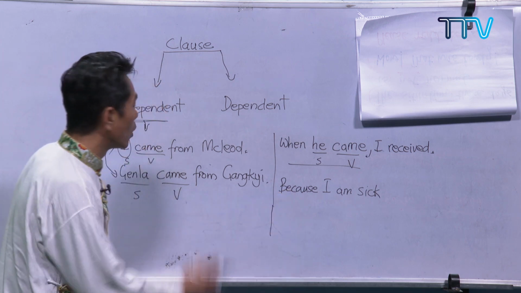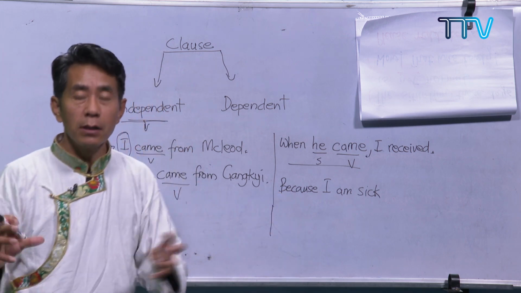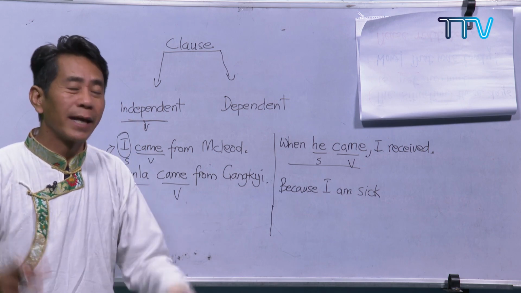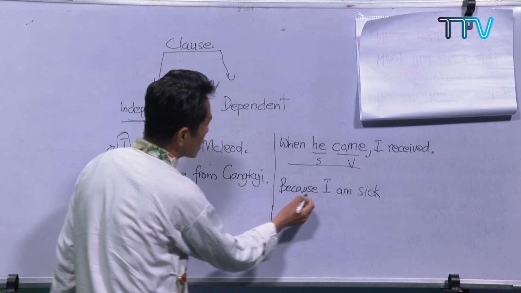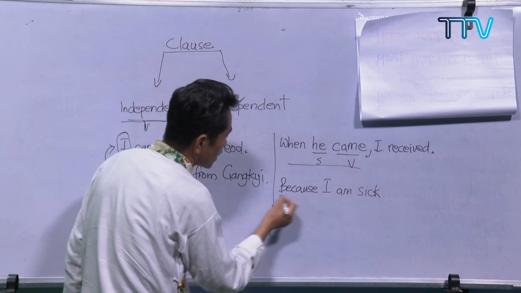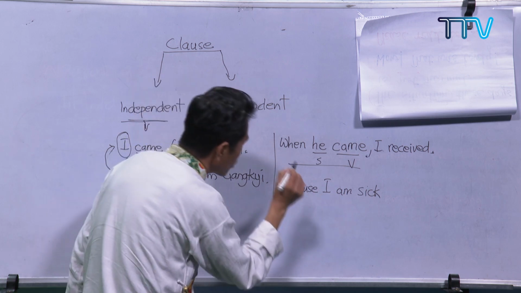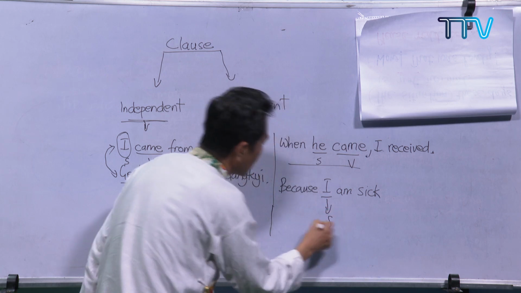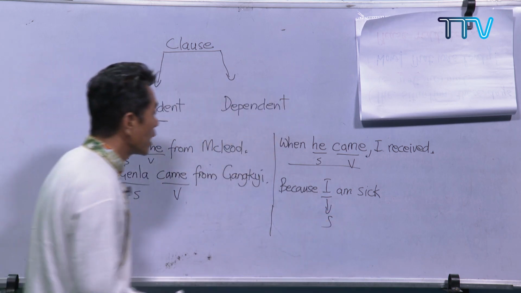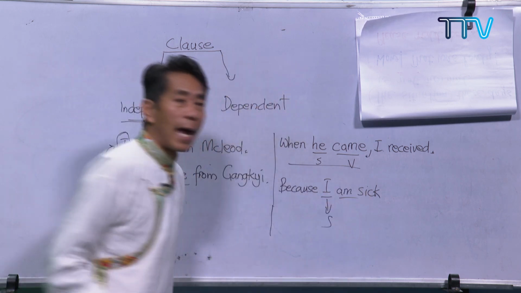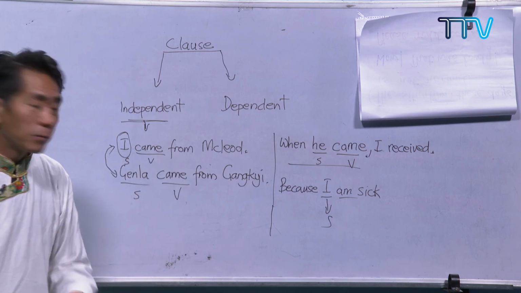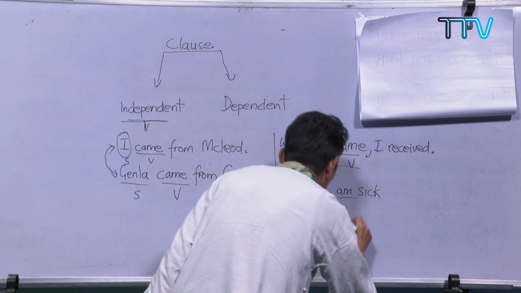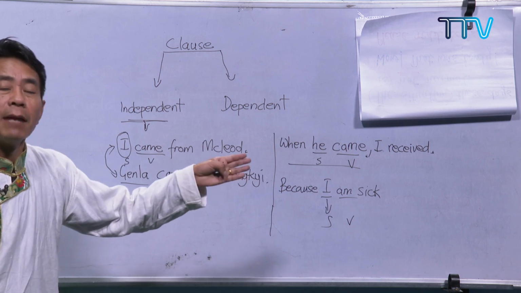Why? Because a clause is a group of words. I'm just repeating all these things again and again. This is a group of words, and there should be a subject. I is the subject. And I am sick. There are different types of verbs, and we have got the verb. So, because I am sick.